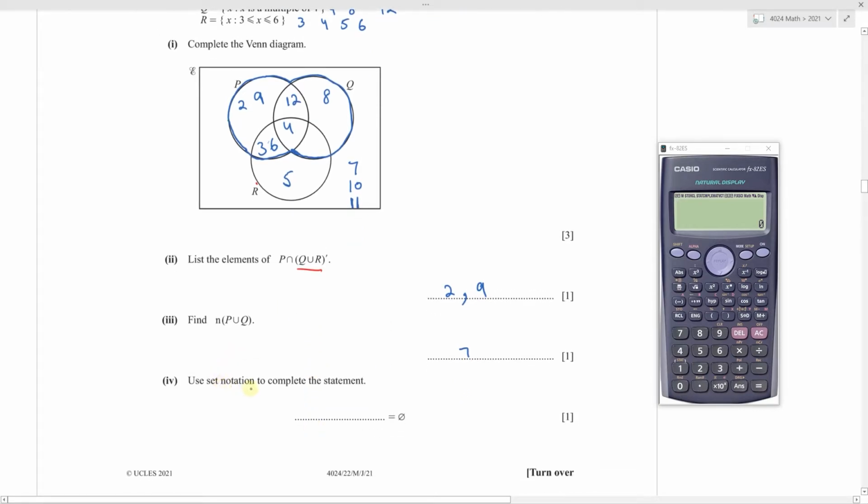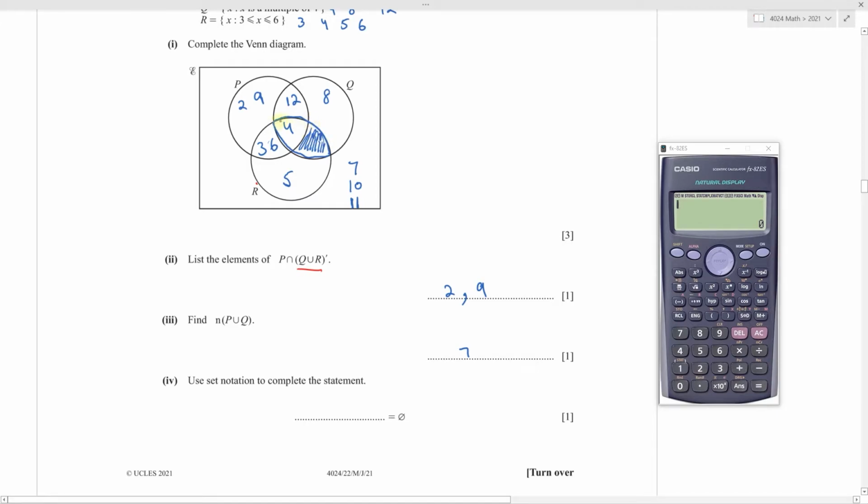The next part is use set notation to complete the statement. So you have to write a set notation which equals an empty set. So this region is an empty set. So you have to write the set notation which represents this region here. So this is R intersection Q. R intersection Q will give you this, but then you have to exclude this because this shaded region here is an empty set.